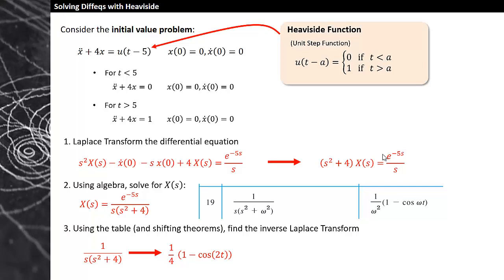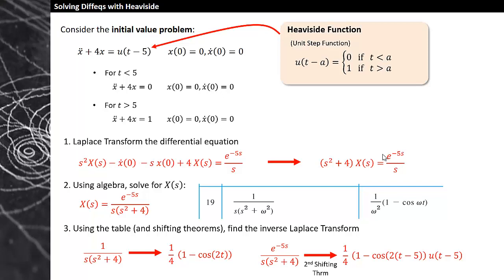But that's not the inverse transform we want. We want to also have the e to the minus 5s in there, and the rule with the e to the minus 5s is that it shifts the time of our function. So instead of cosine of 2t, we have cosine of 2 times (t minus 5). And then we also have a Heaviside function multiplying that solution, so we have u of t minus 5.